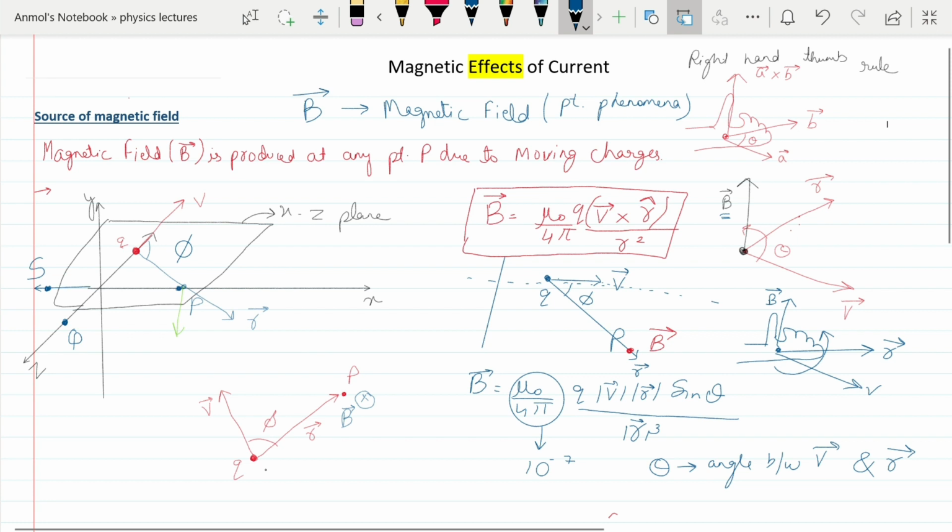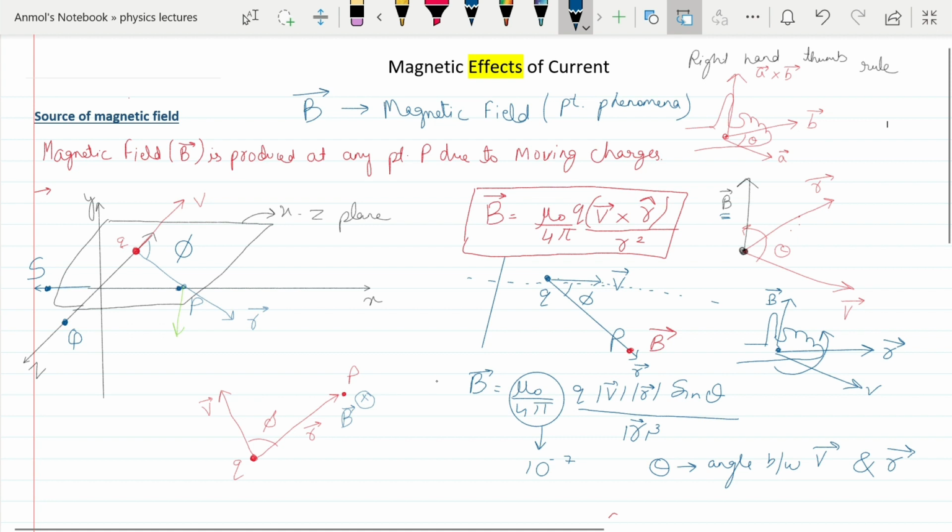Let me again show you what the criteria is. Let's suppose at this point I spot a charge Q, and I notice the charge Q is moving in this direction, and I ask you that my point of interest is this. I am sitting here and I'm asking what is the magnetic field I experience at this point due to this charge.